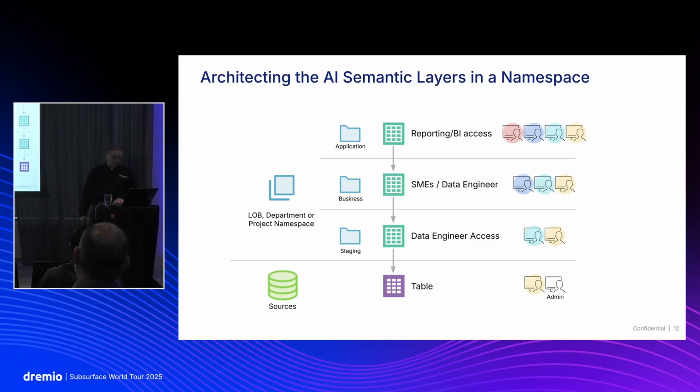So, the way this would work in Dremio is, business users can have the ability, with permission, to create their own views within this multi-layer pattern. This is valuable because you can avoid having those business users going to the data team each time they need some new data set, right?